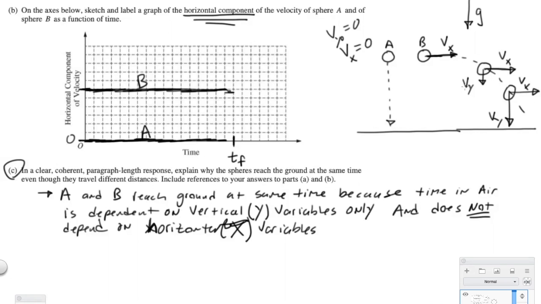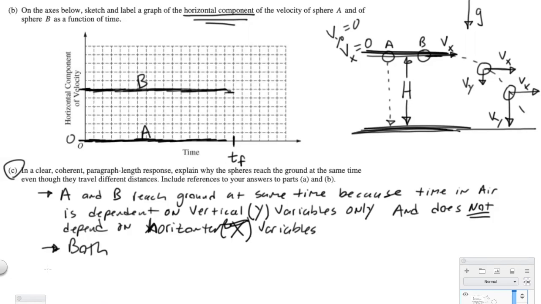So what other points do you want to make in your paragraph length response? I'm not going to write this out because it'll take forever, but the next thing I would write, I'm just going to say it and you could copy it. The next thing I would say is both spheres fall through the same vertical height and therefore have the same vertical displacement. So both spheres are starting here vertically and they end here vertically. They both have the same vertical displacement, which we're calling h.